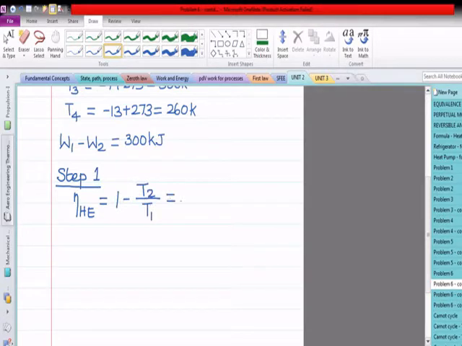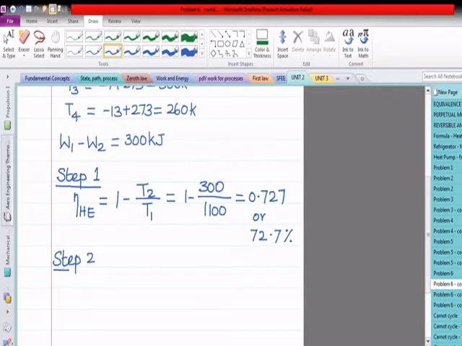Substituting the values, 1 minus 300 by 1100, I get 0.727, or by multiplying by 100 I can convert this to a percentage. In step 2 I am going to find the heat rejected by the heat engine to the cold reservoir.